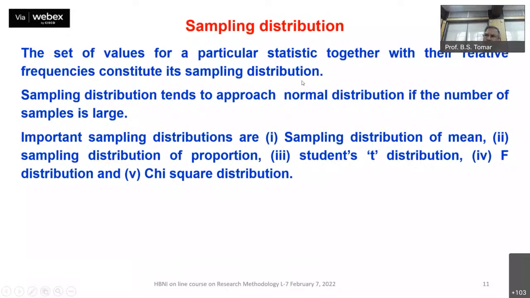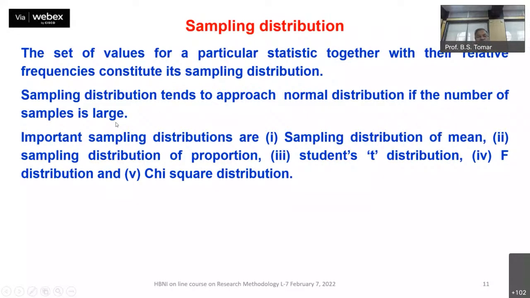So when we take multiple samples from a population and derive the information about the mean, we get the sampling distribution of mean. That means, let us say we have n samples, we get n mean values, and those n means themselves have a distribution we call the sampling distribution of mean. And this sampling distribution tends to approach a normal distribution if the number of samples is large.